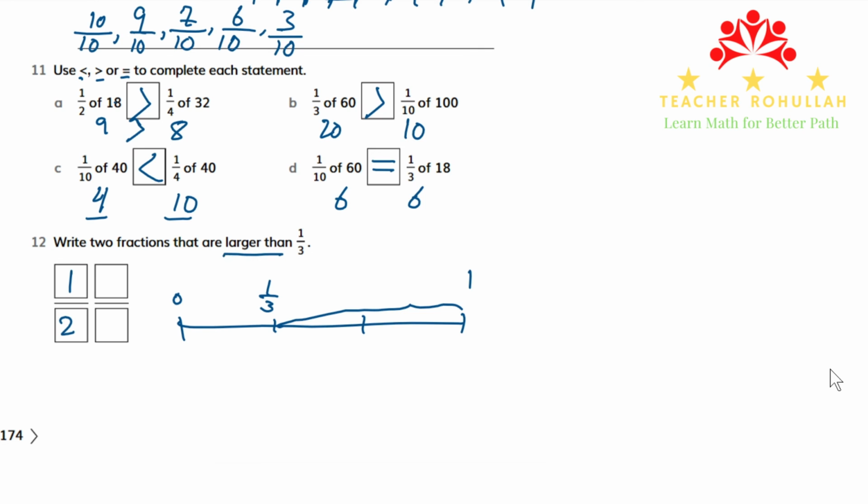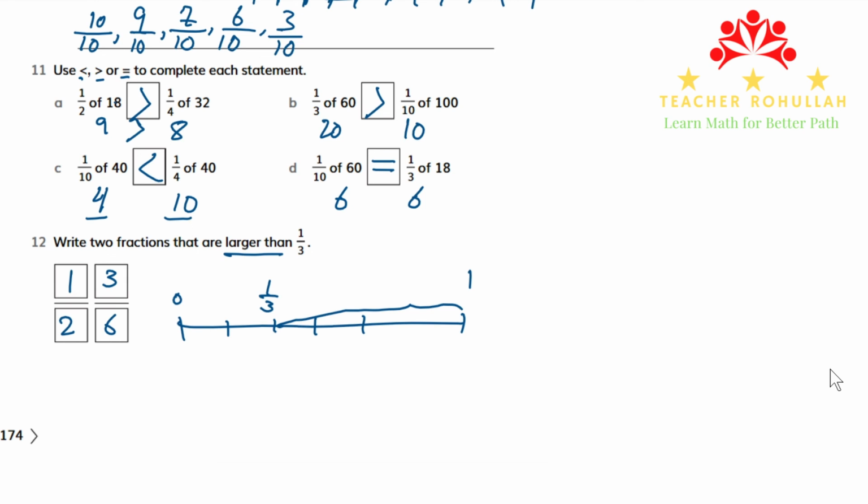And the other fraction, if we cut it into 6 equal parts, so 1/6, 2/6, 3/6, 4/6, we can just say 3/6. 1/2 and 3/6 are larger than 1/3.